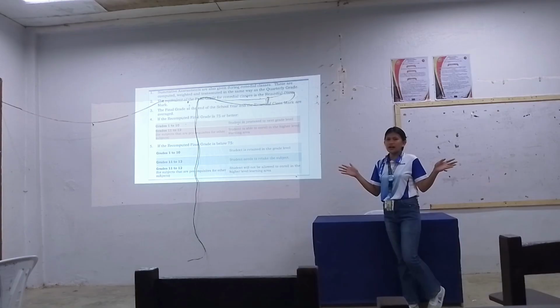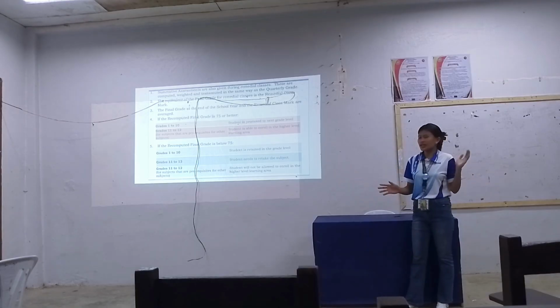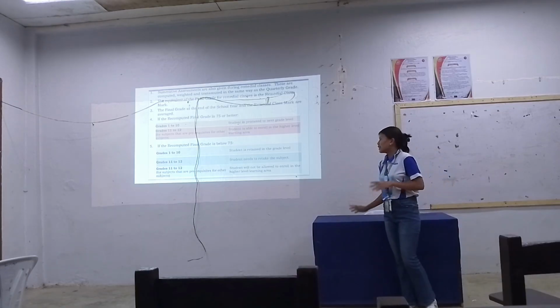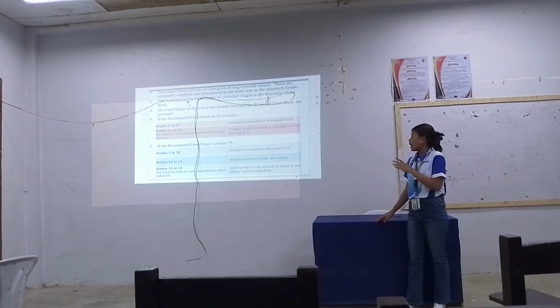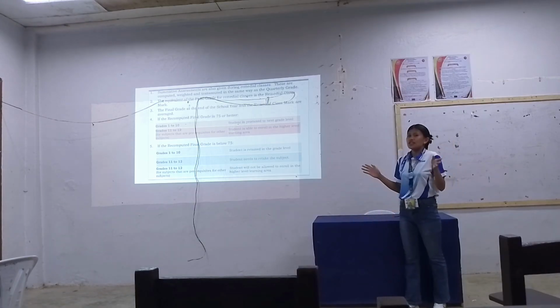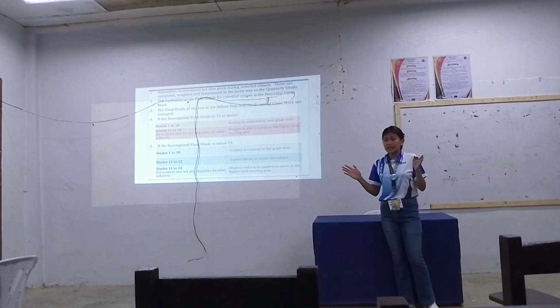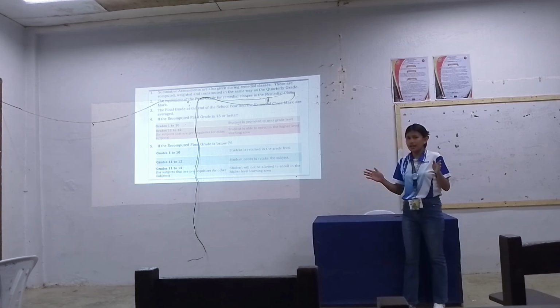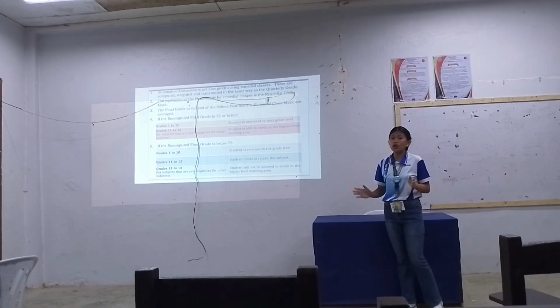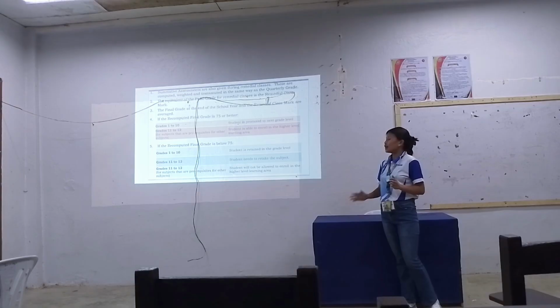If they did not pass that subject, that will be the basis that the student will not proceed to the higher grade level. If the student is able to meet the specific grade intended for that subject, then they will pass and be able to proceed to the next grade level.